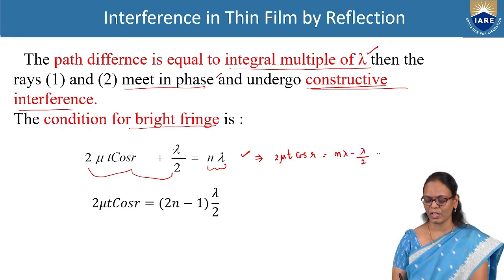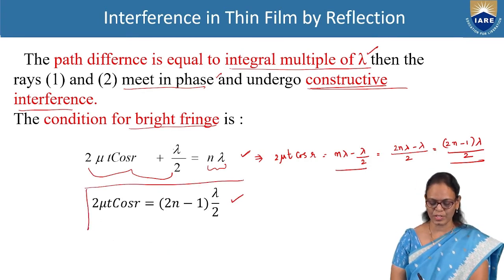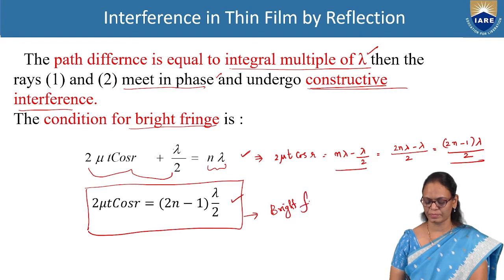The same thing we can write, taking LCM, as 2n lambda minus lambda over 2, or 2n minus 1 into lambda by 2. Both are the same. So we are writing it as 2n minus 1 into lambda by 2. If the path difference is this, we get a bright fringe. This gives rise to a bright fringe because of constructive interference.